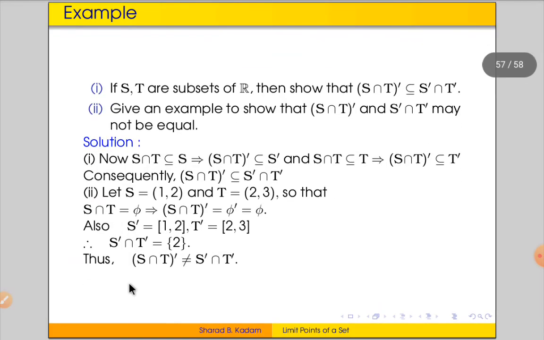So thus we have shown that derived set of S intersection T is not equals to derived set of S intersection derived set of T.